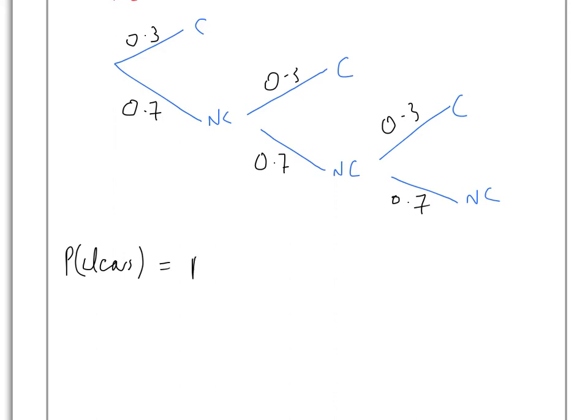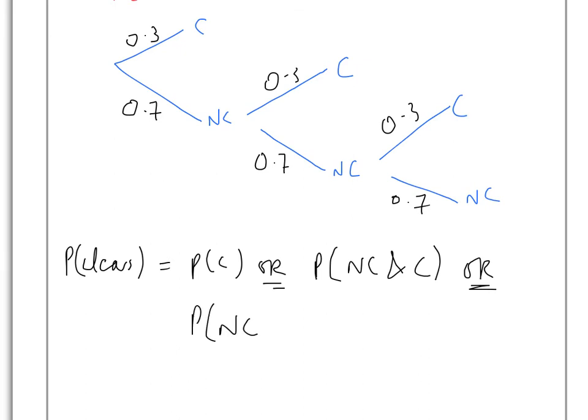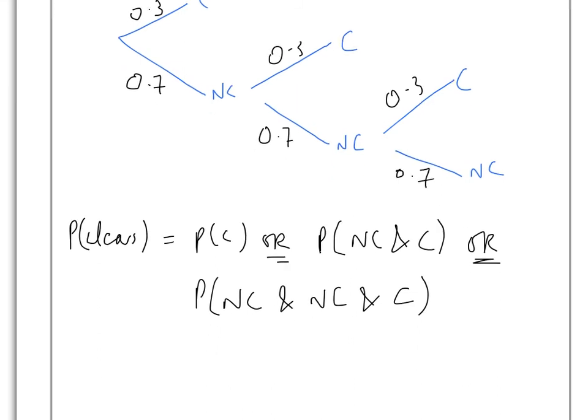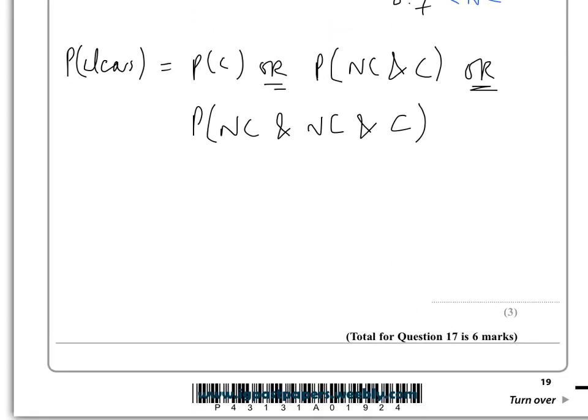Well, he can either clear it in his first go, or, and that or again is key, remember, as part of the or rule, he can not clear it and then clear it, or he can not clear it in his first one and not clear it in his second one, and then finally clear it in his third one. The or is critical because that tells us we add. The and is critical because that tells us we multiply.